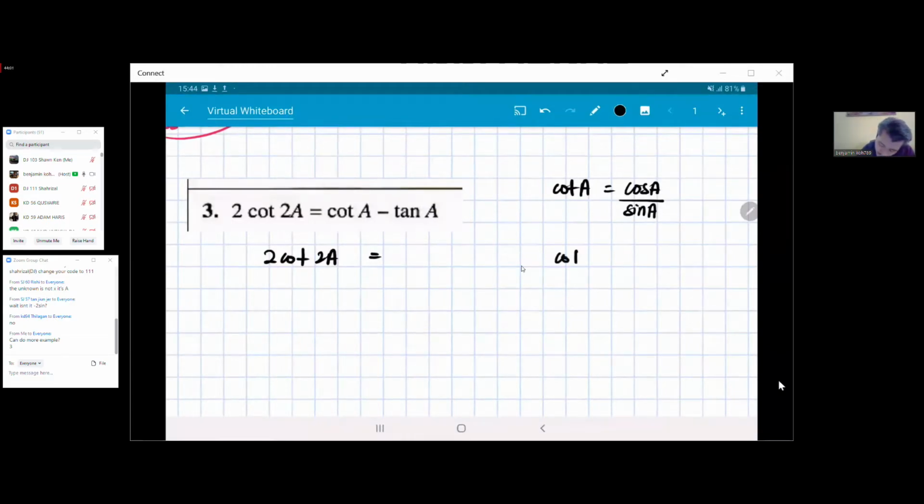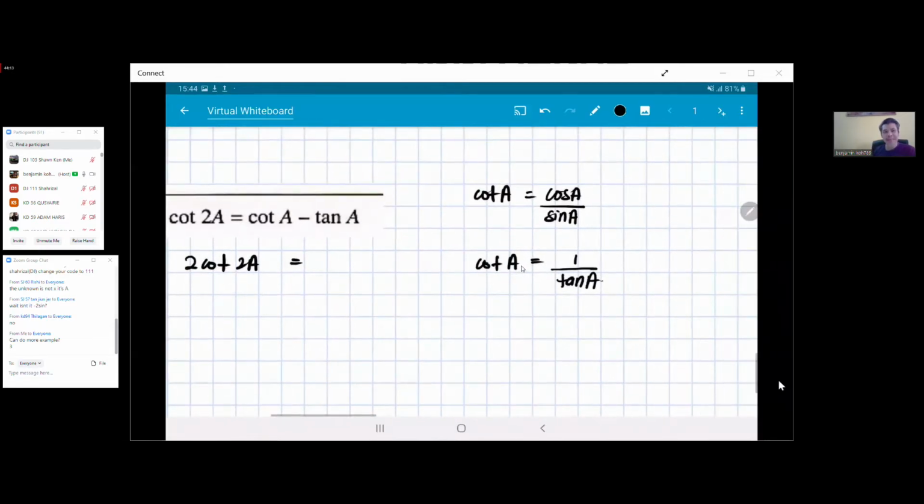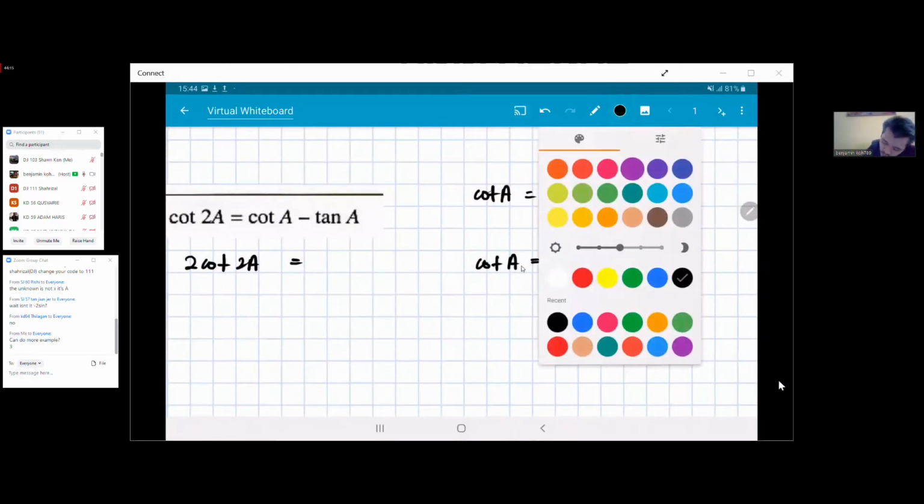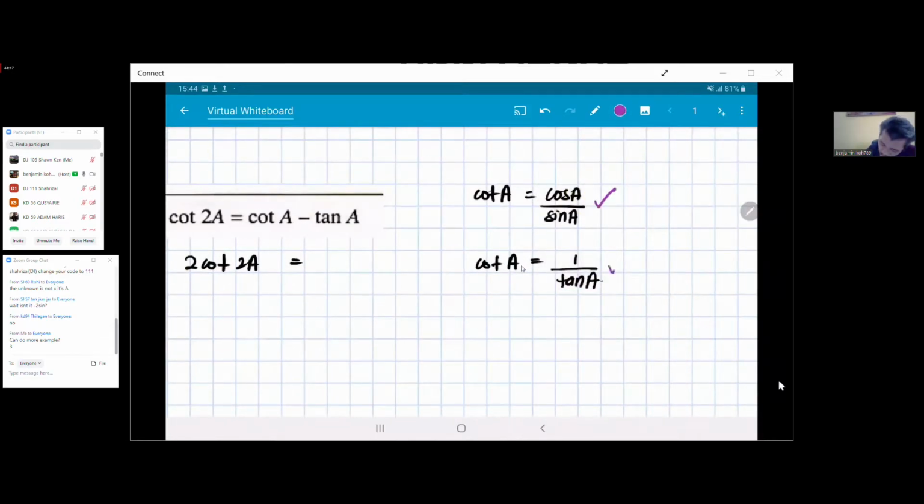But the second one is cot is also equal to 1 over tangent. Remember this? Because cot has two options, am I going to choose the first one or the second one? It all depends on what the answer wants.